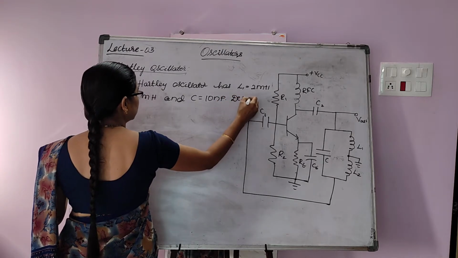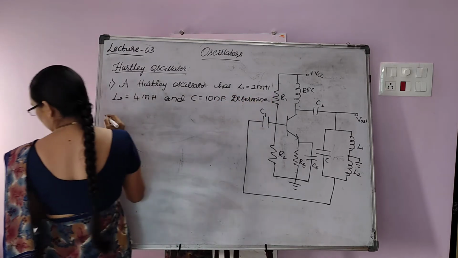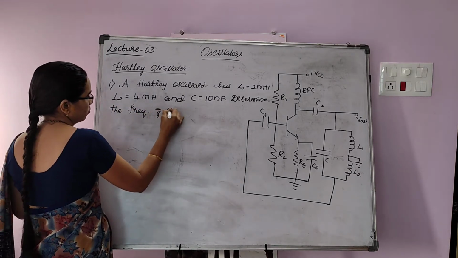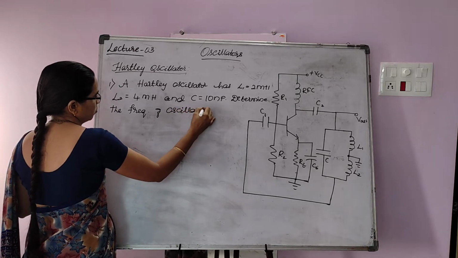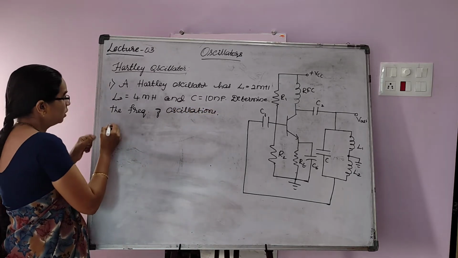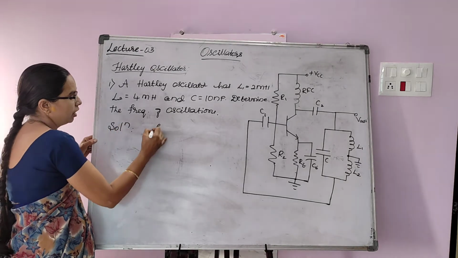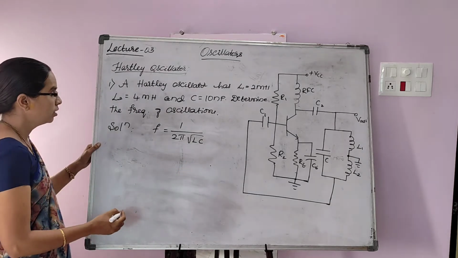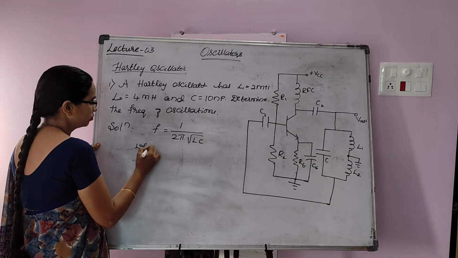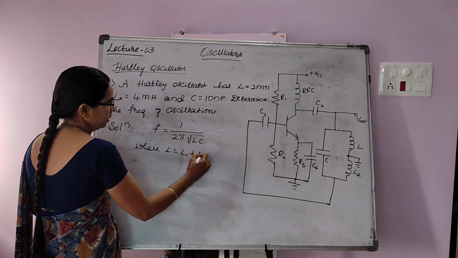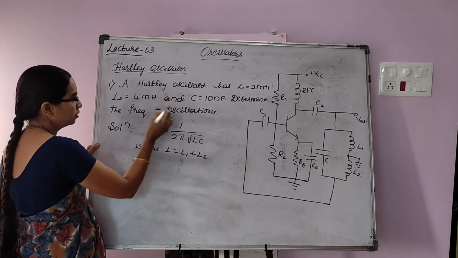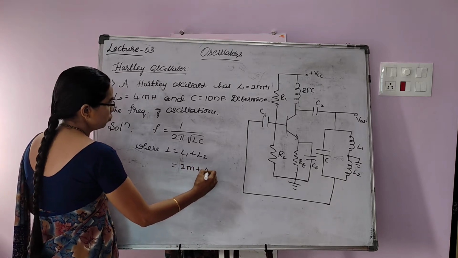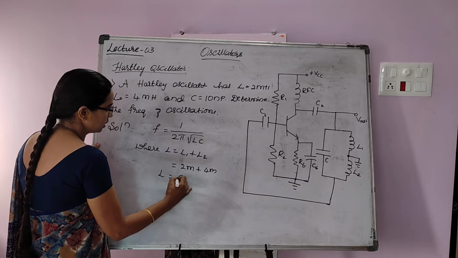Determine the frequency of oscillation. Solution: we know the direct formula, F is equal to 1 by 2 pi root LC, where L is equal to L1 plus L2. L1 is 2 millihenry and L2 is 4 millihenry, so L will be equal to 6 millihenry.